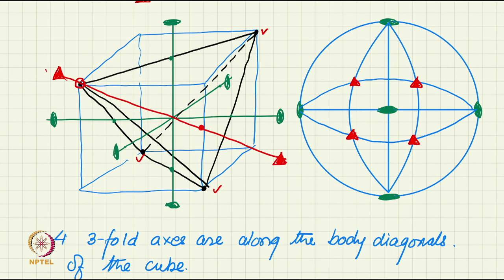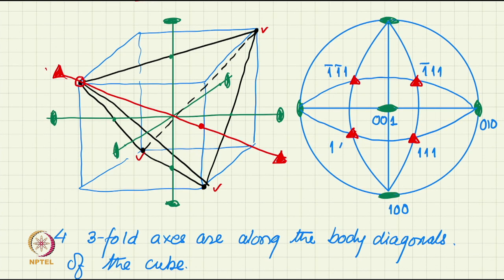You can label these in terms of direction of the cube. So, this is 1 0 0, this is 0 1 0, 0 0 1, and the body diagonals will be 1 1 1, bar 1 1 1, bar 1 bar 1 1, and 1 bar 1 1.